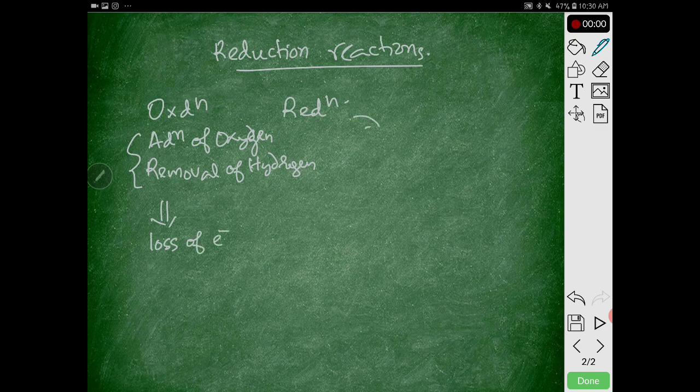If you take reduction, it is the removal of oxygen or addition of hydrogen. According to the modern concept, it is the addition of electrons.